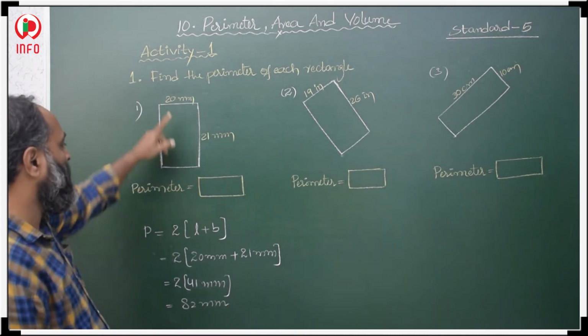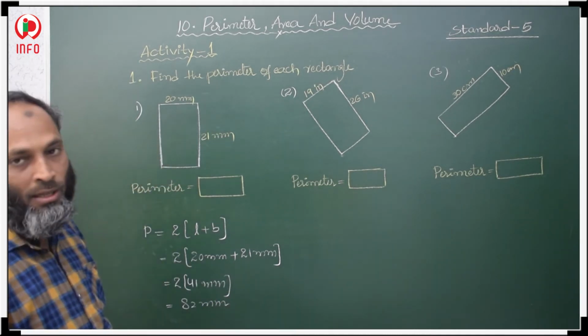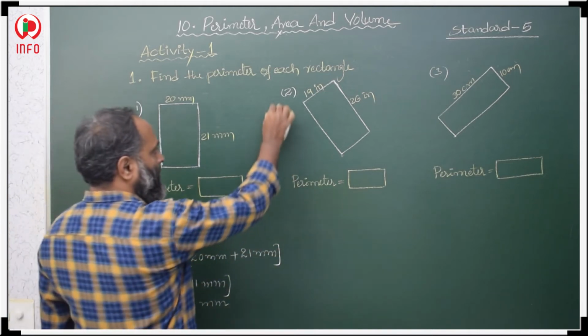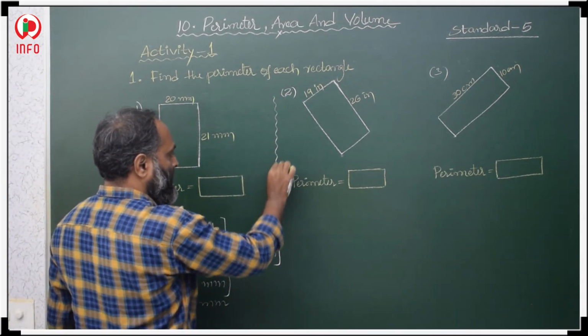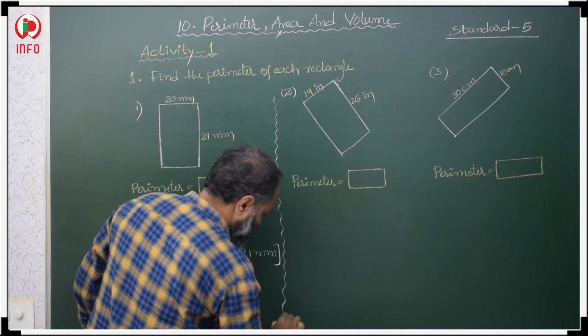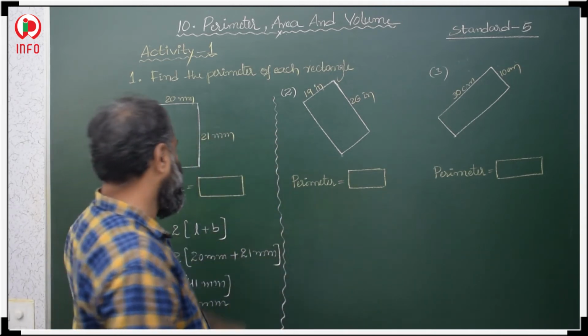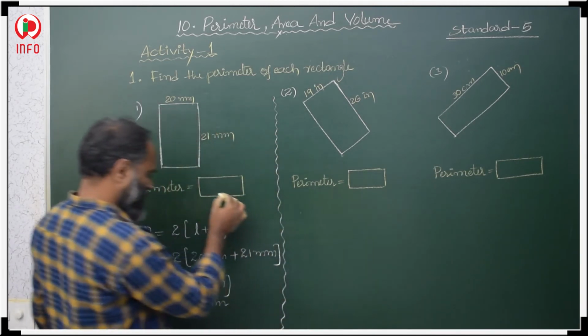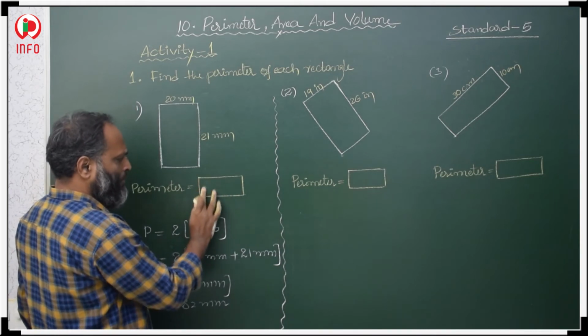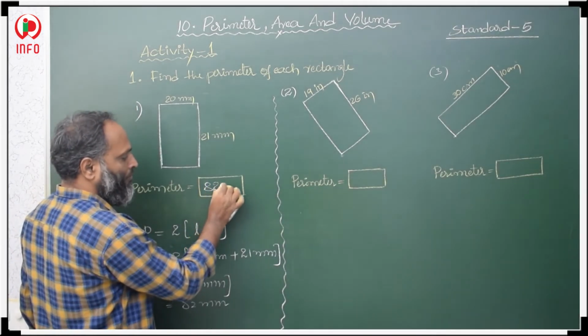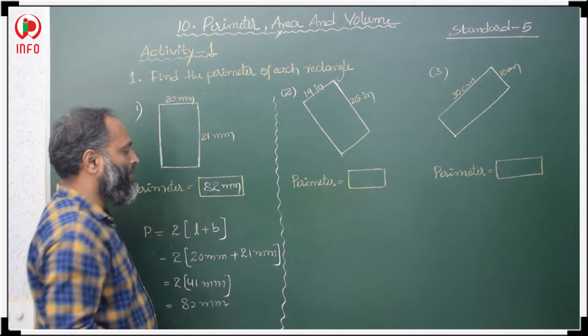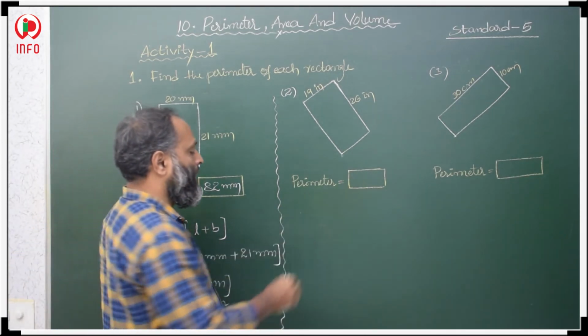So this is the perimeter of the first rectangle. Then after that, the second rectangle perimeter.